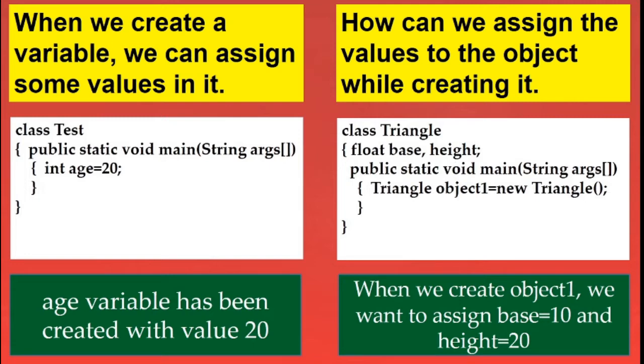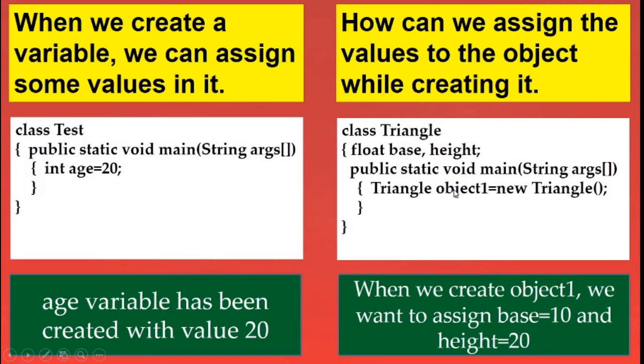And then we have a public static void main. In the main we are creating object1 as a new triangle. Whenever we are creating object1, I want to assign some default or initial values of the height and base to object1. This is very similar to the case of age 20. Whenever we are creating the age variable we are assigning the value 20.